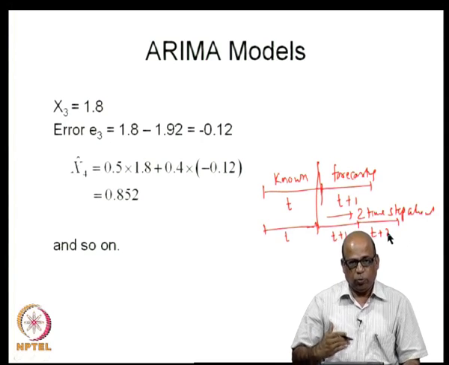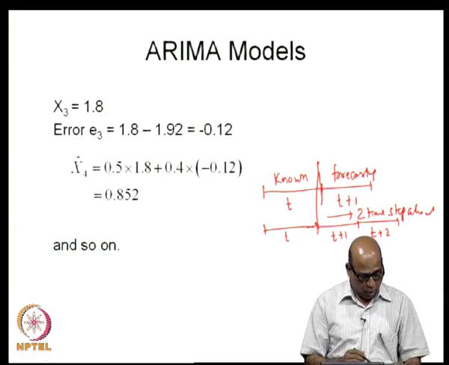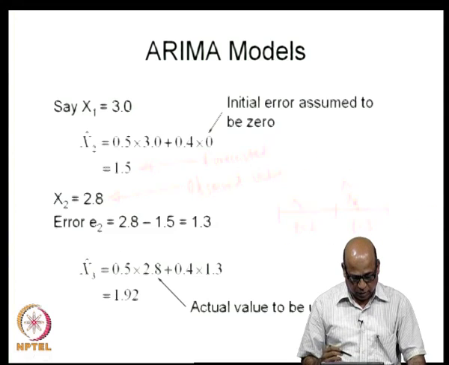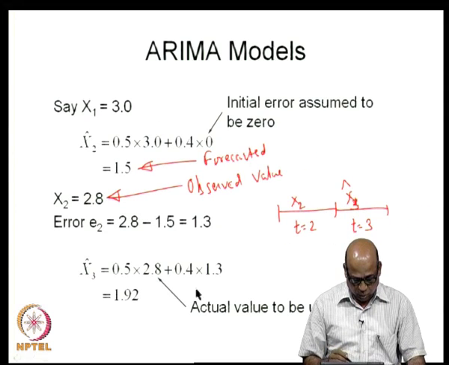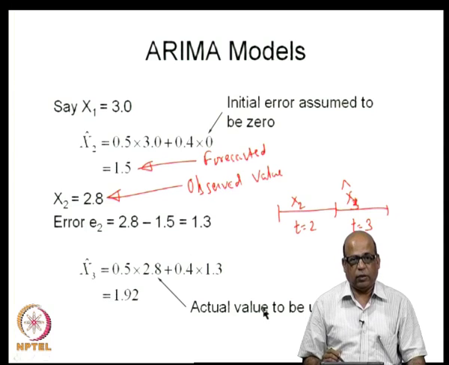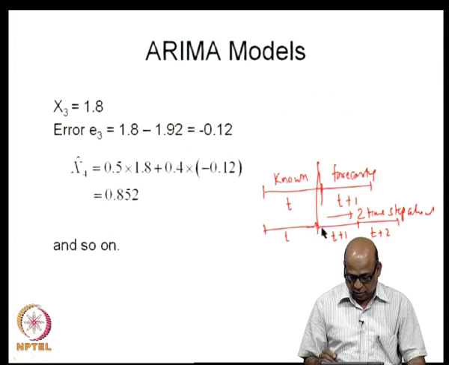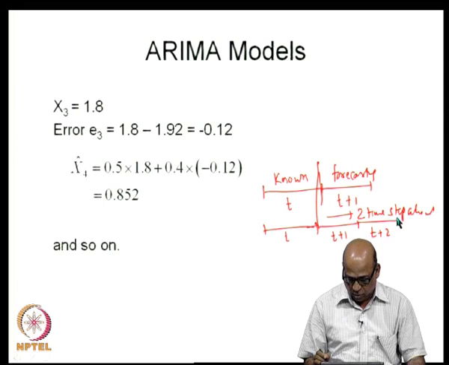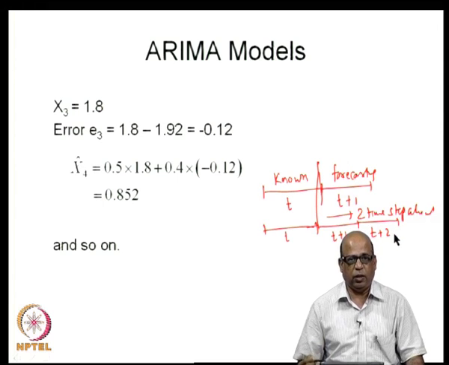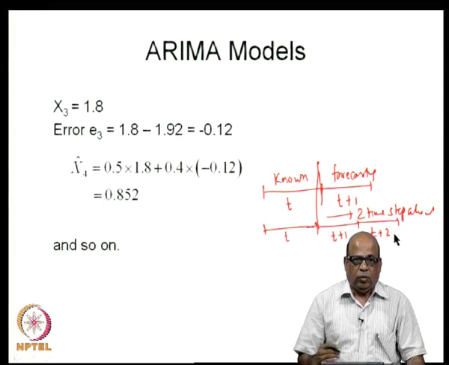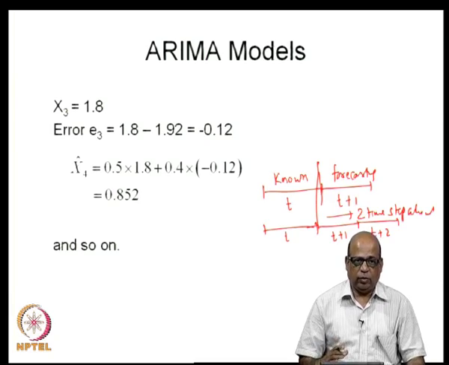So, in obtaining your errors here, you will use the forecasted values, because you are doing 2 time step ahead. The values will be known only when you reach the end of time period t plus 2. Anyway, this we will discuss further when we look at some applications.